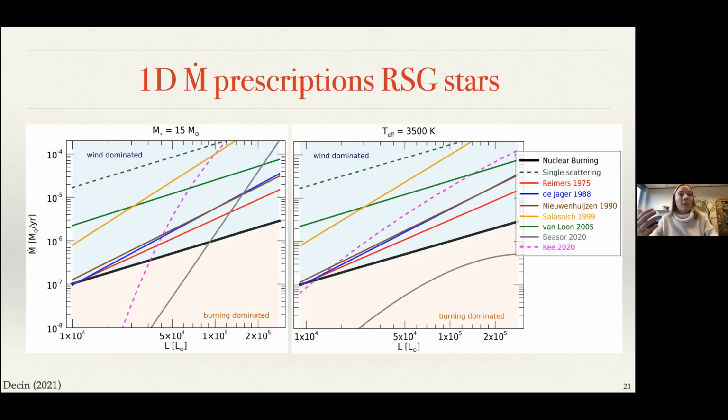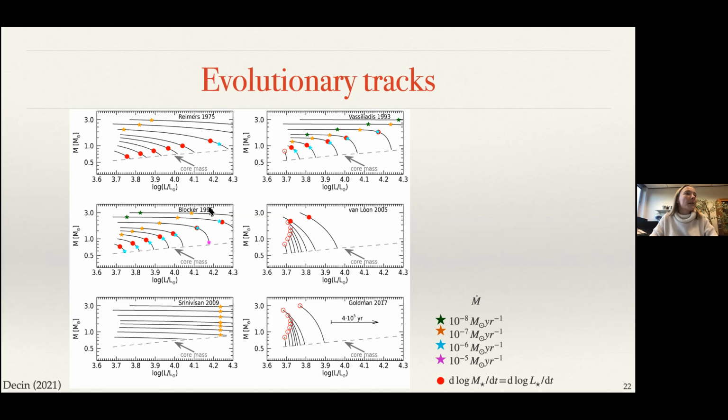And I just show you here the impact of not understanding these mass loss rates. These are very simplified stellar evolution calculations, but for an AGB star with an initial mass between 0.8 and 3 solar masses. For each of the several plots, I have used another mass loss rate prescription. And you see the different color codes.